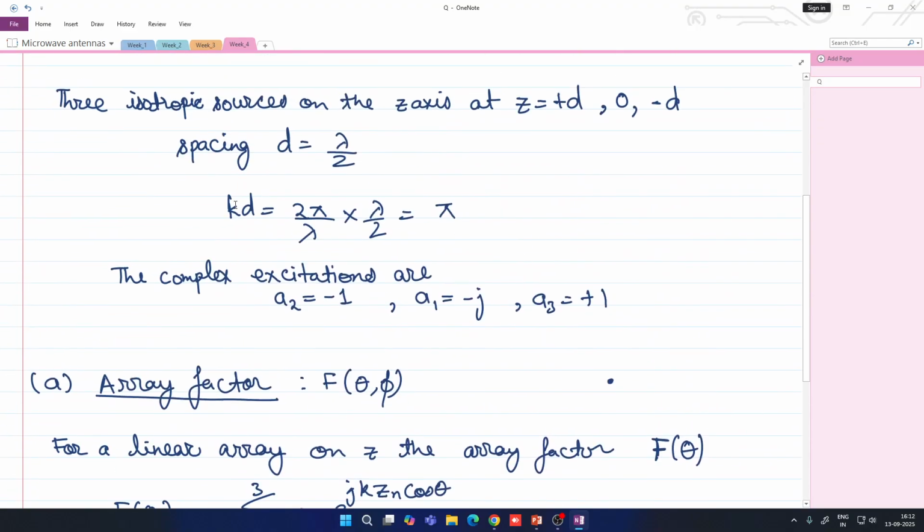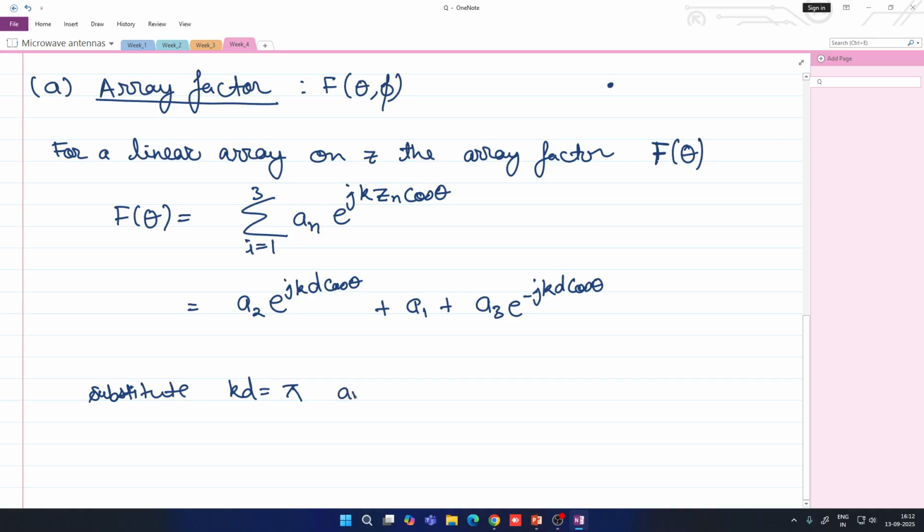Here I have shown you that kd is equal to pi, and so F(theta) will become: for a2 is minus 1, so minus e to the power j pi cos theta, since d is 1 here and kd is pi, plus a1 is minus j, plus a3 is plus 1, e to the power minus j pi cos theta.